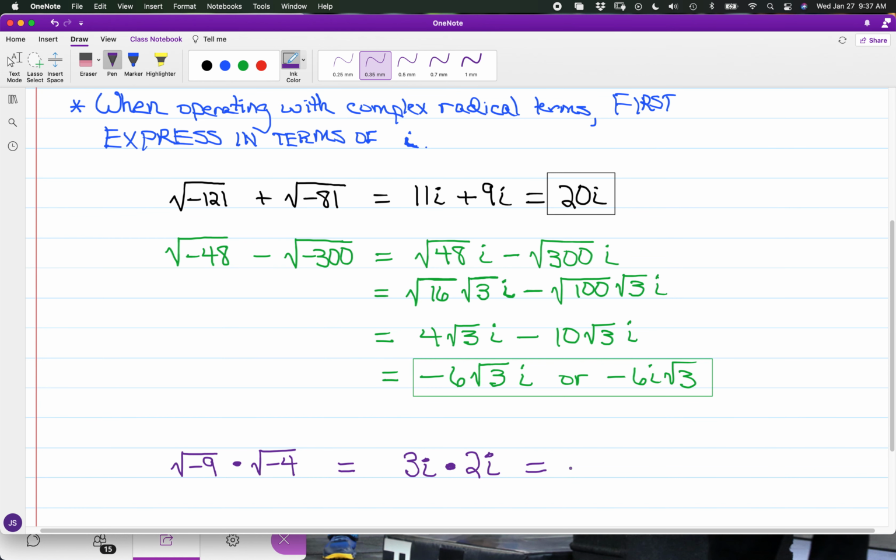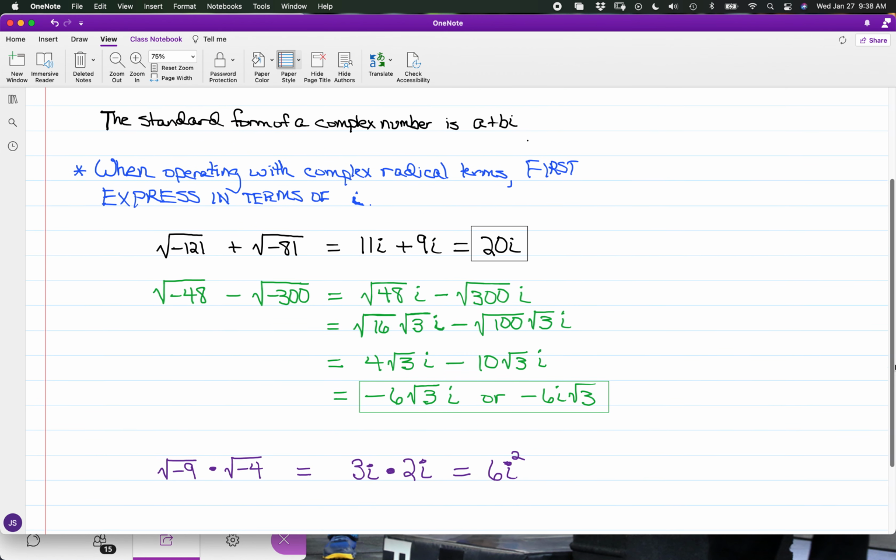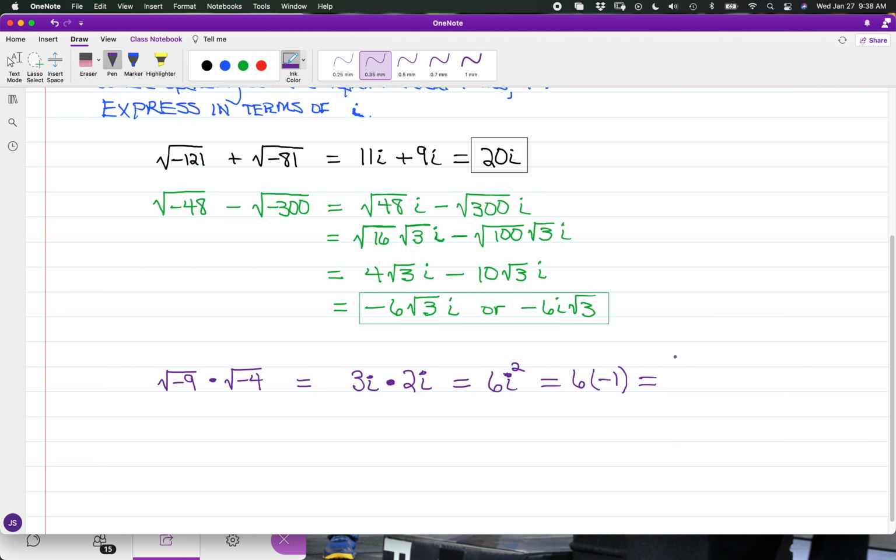If I multiply 3 times 2, that's 6, and i times i becomes i squared. Once again, i squared is equal to negative 1, so we have 6 times negative 1. So the product of the square root of negative 9 and the square root of negative 4 comes out to negative 6.